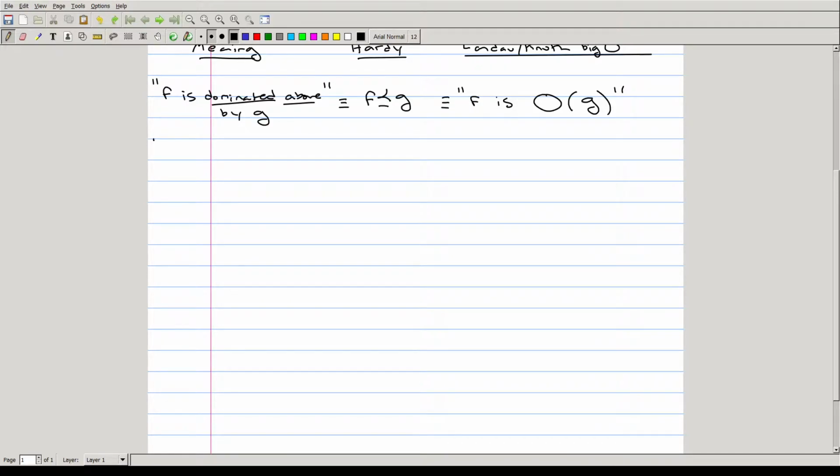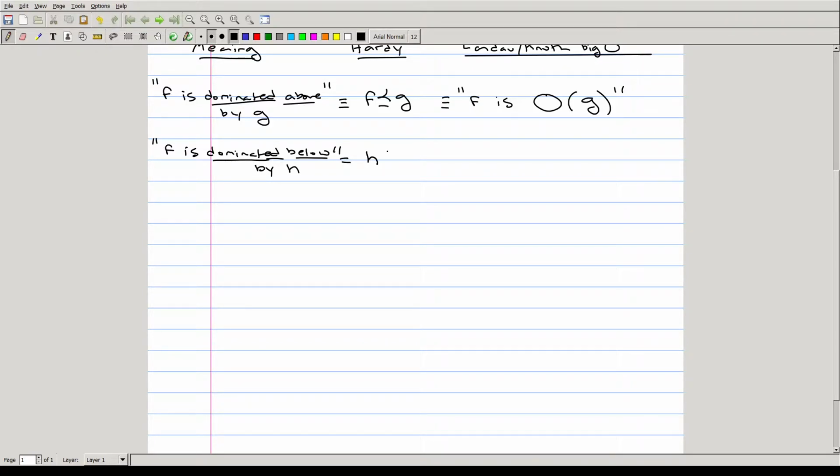Correspondingly, we have the notation that f, the meaning that f is dominated below by some function h, say, in the Hardy-Littlewood notation.